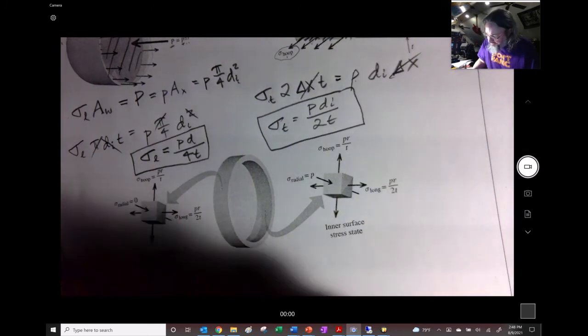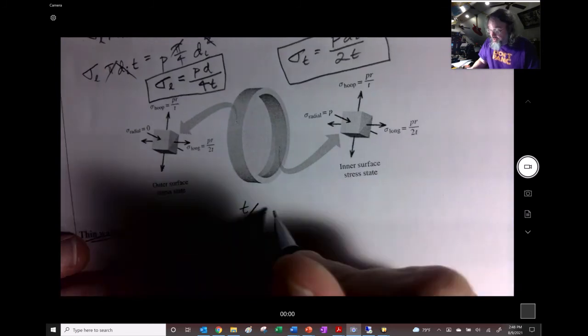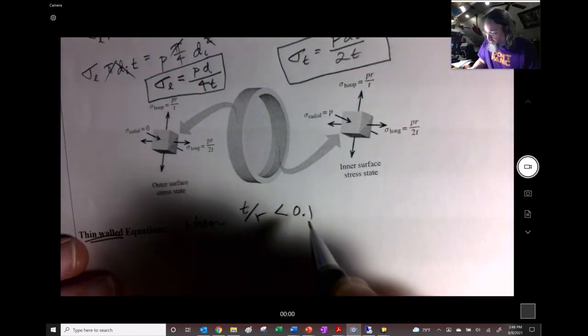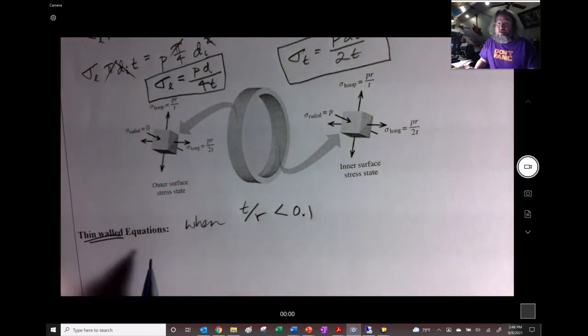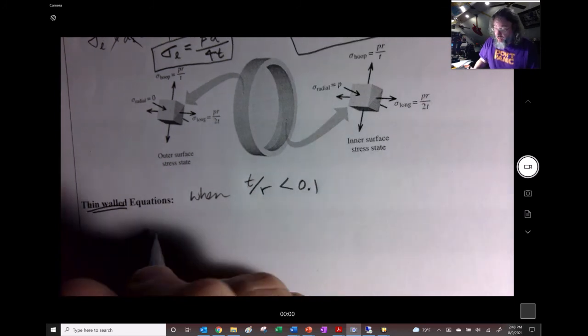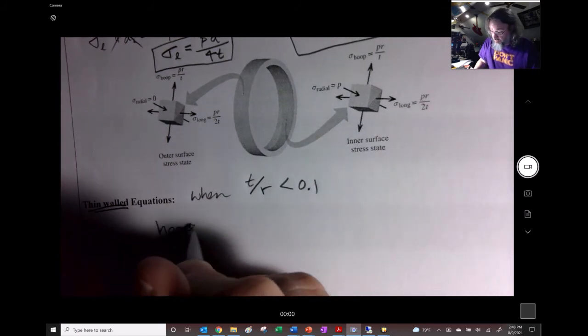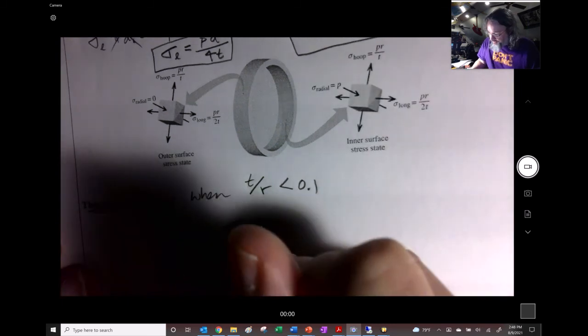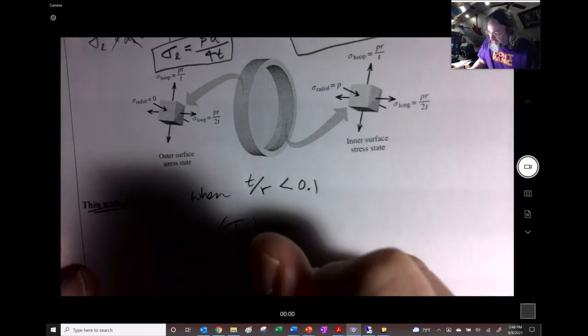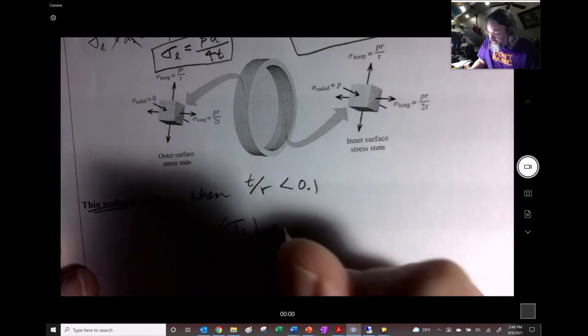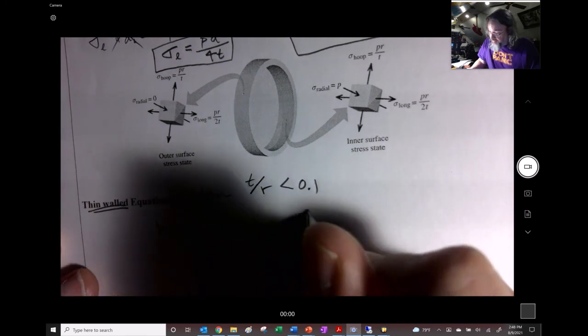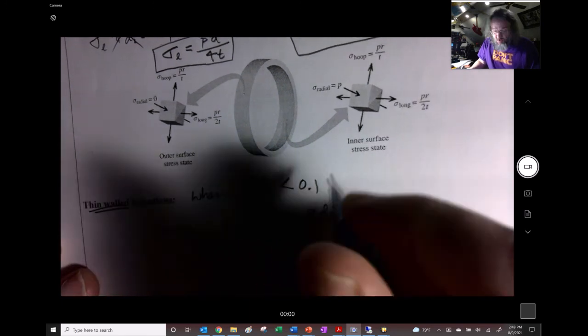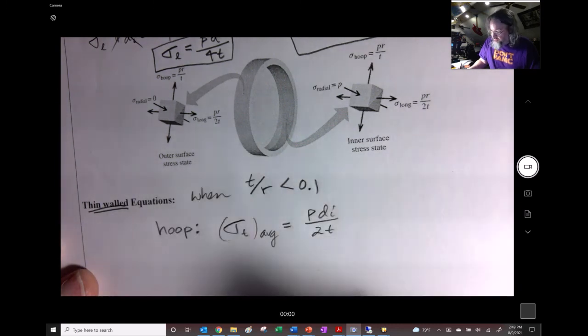Well, use either the inside or the outside radius, I don't care. When that is less than 0.1, then we can use these equations. And we have hoop, which is going to be this. And maybe I'll go ahead and write the average right in there. Average is P DI over 2T.